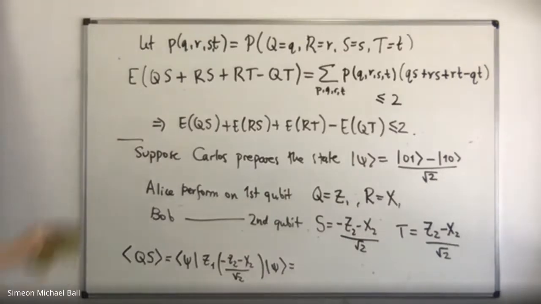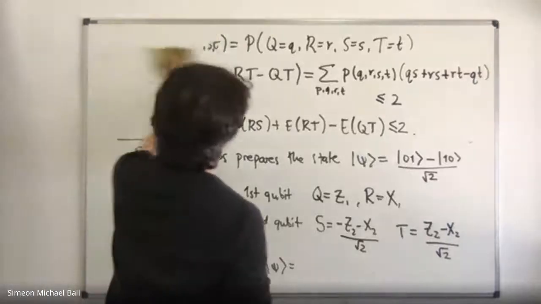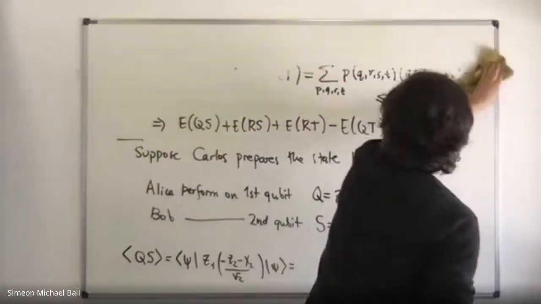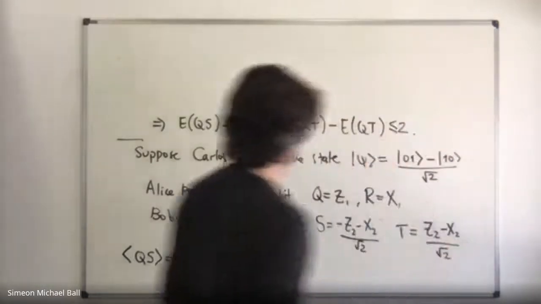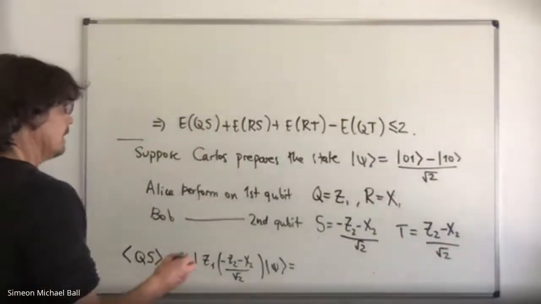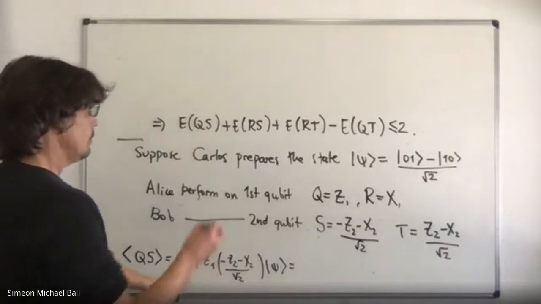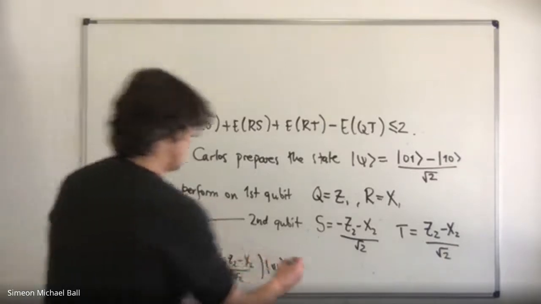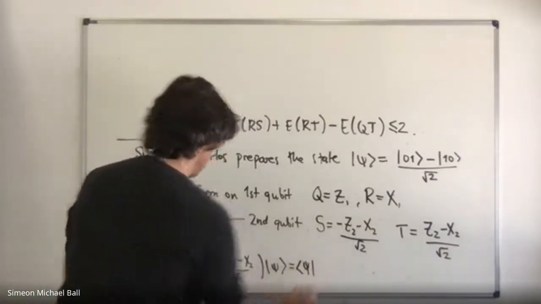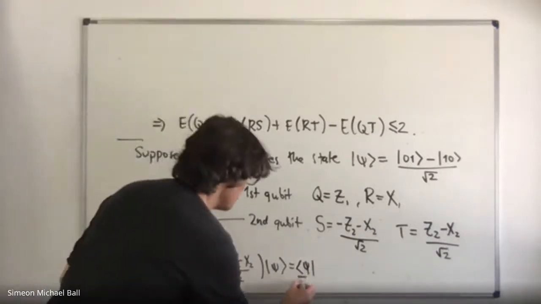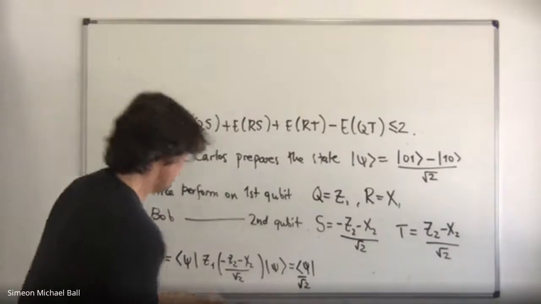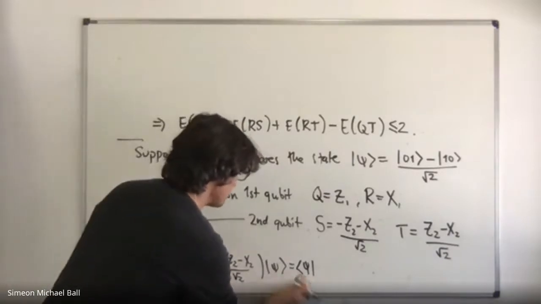So when you calculate this, we're going to have psi here, Z1 minus Z2, so let's take out the root 2. In fact, that's going to be a half now.